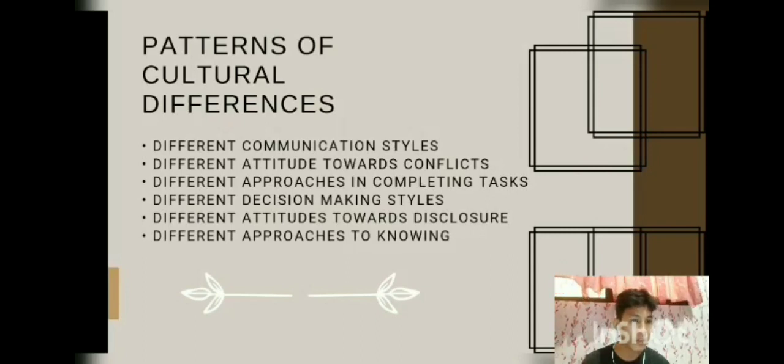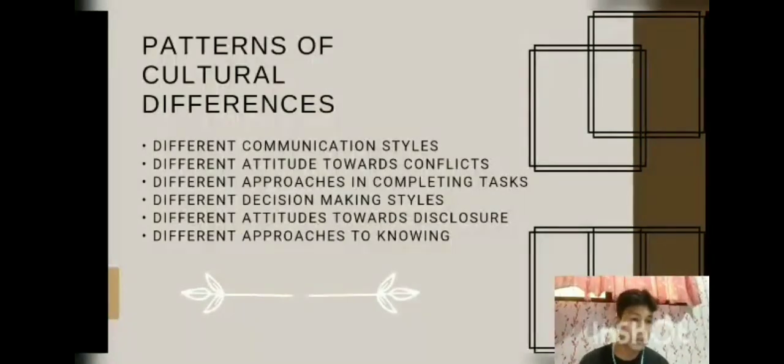Attitudes towards conflicts. People develop attitudes towards conflicts based on their culture. And approach in completing tasks. So some people give importance to completing tasks because this is what their culture teaches them or passes on to them.